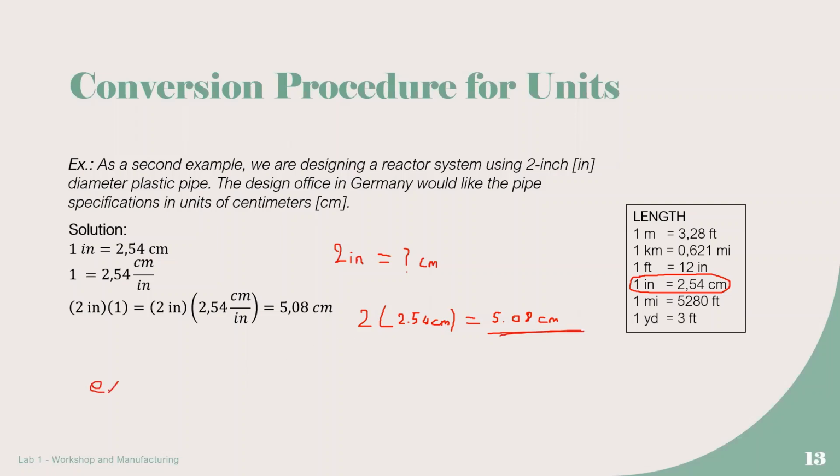Let's make another example. Let's say I want to know how much 2 inch squared is equal to in centimeter squared. So I have 2 inch squared, but I want to know how many centimeter squared it makes. So what I'm going to do, for 2 inch, I'm going to place 2.54 centimeter in the place of inch.